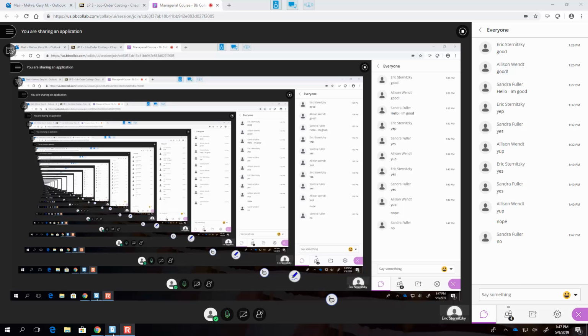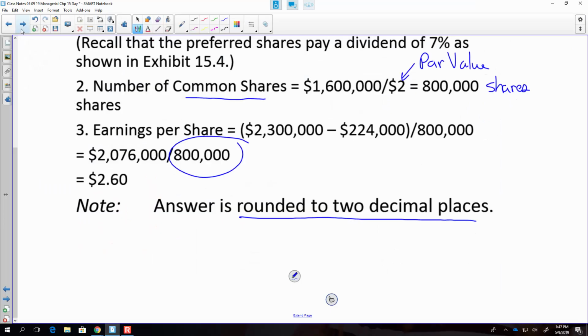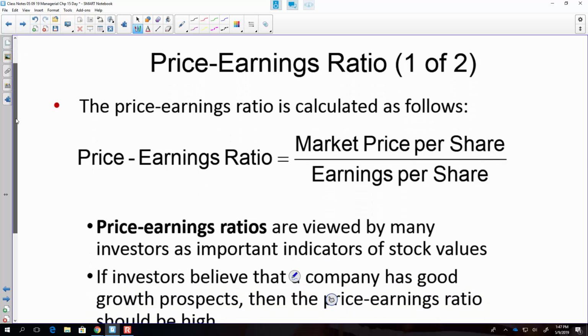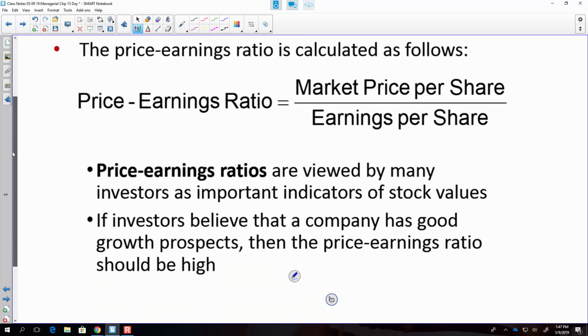All right, we go on to our lesser known computations in this section. Price earnings ratio, simply market price divided by earnings per share price or amount. And again, investors look for a difference, right?